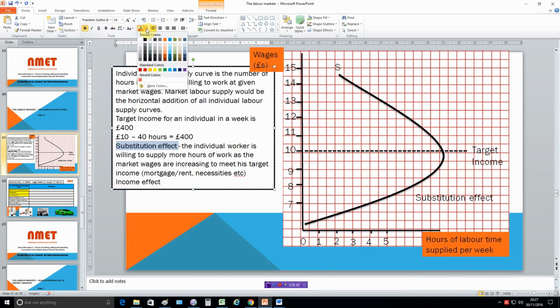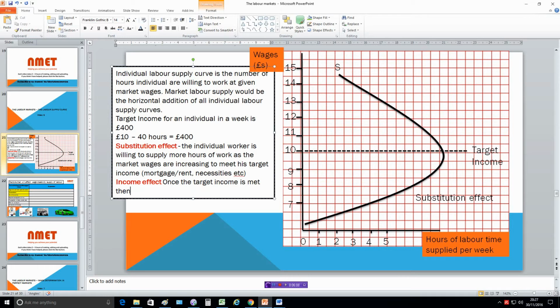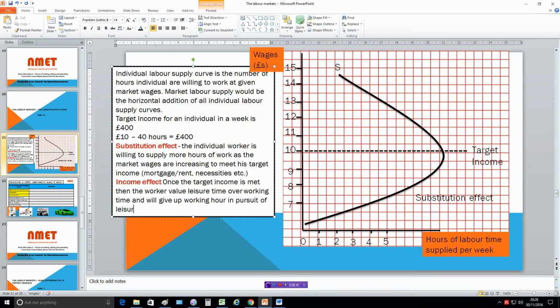However, once he achieves his target income, which is £400, the worker values leisure time over working time and will give up working hours in pursuit of leisure.